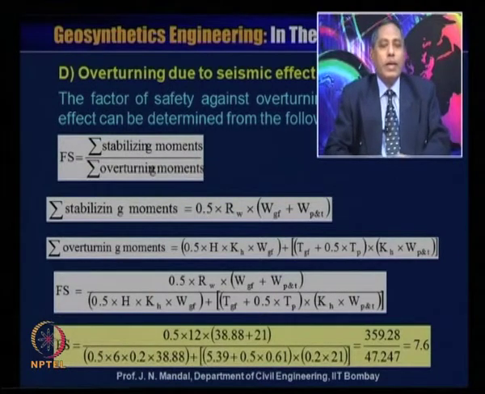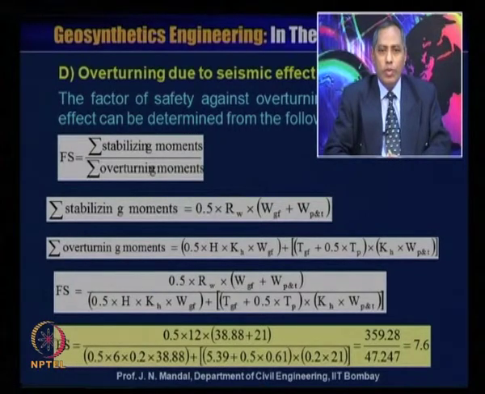So, factor of safety can be written as 0.5 into RW into (WGF plus WPT) divided by [0.5 into H into KH into (WGF plus TGF) plus 0.5 TP into KH into WPT].